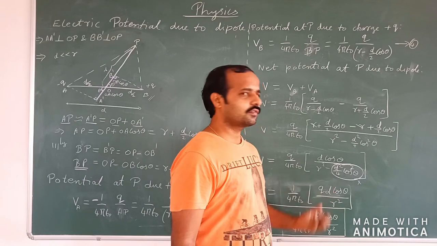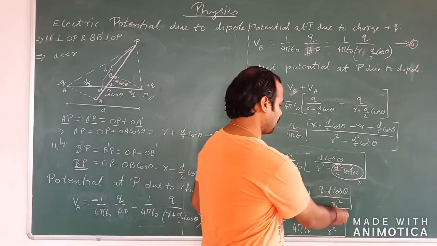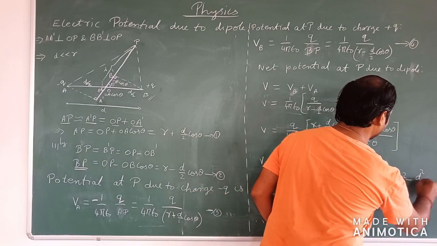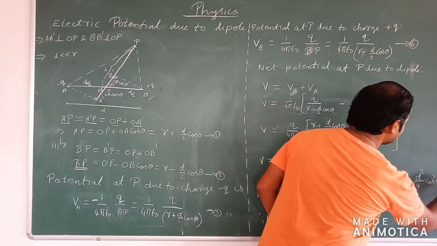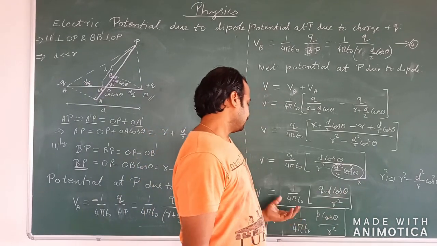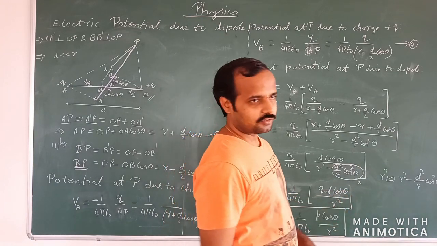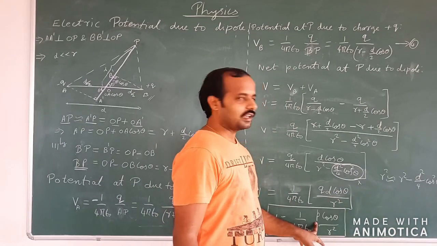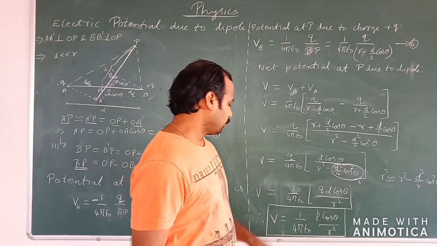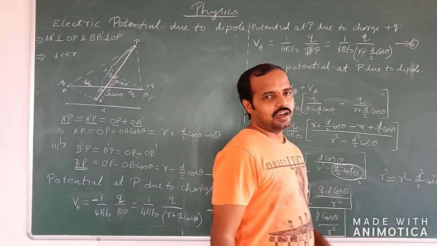Subtracting a negligible quantity from a larger quantity, I can safely assume that R square is almost equal to R square minus D square by 4 cos square theta, as R is very much greater than D. So I get V equal to 1 by 4 pi epsilon naught into Q D cos theta by R square. Now Q into D is nothing but the electric dipole moment, so when I substitute, we get the final expression for the potential: V is equal to 1 by 4 pi epsilon naught into P cos theta by R square.